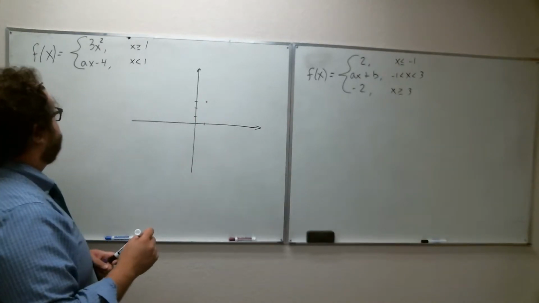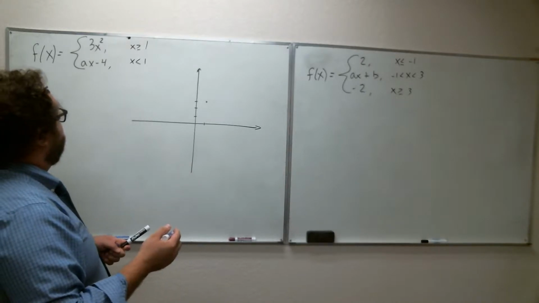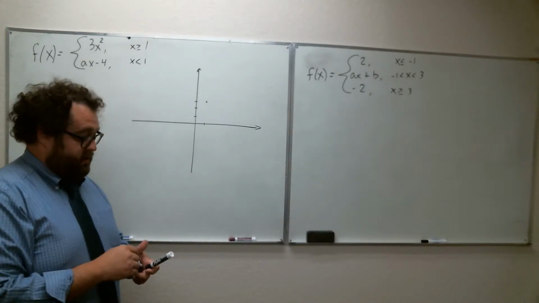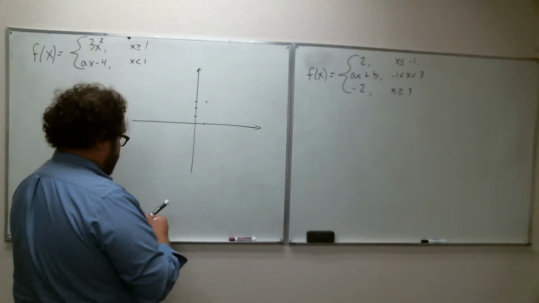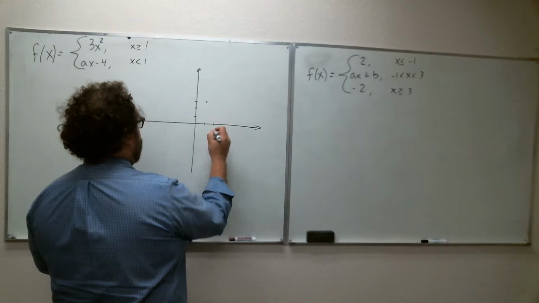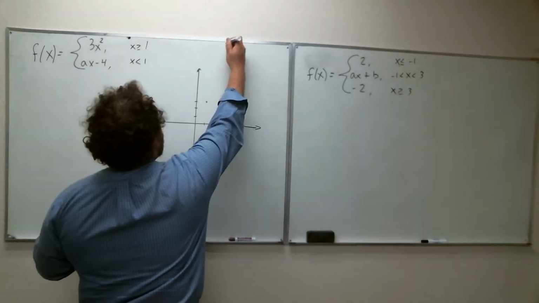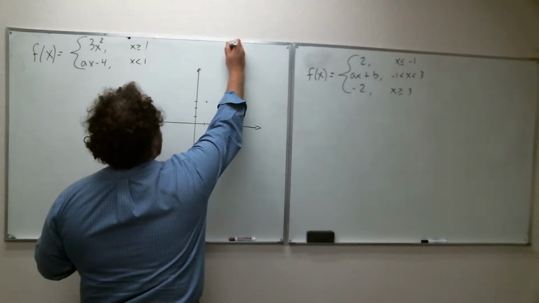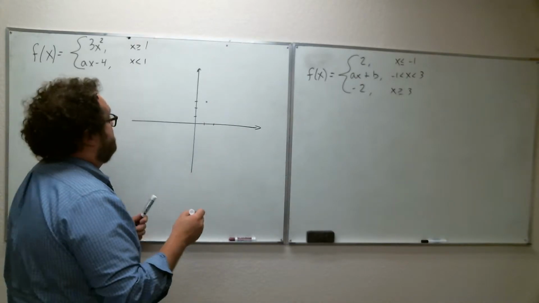And if you plug in, let's say 2, you would get 3 times 2 squared, so you get 12. So that's way up here. So 2, 12 is a point way up here.